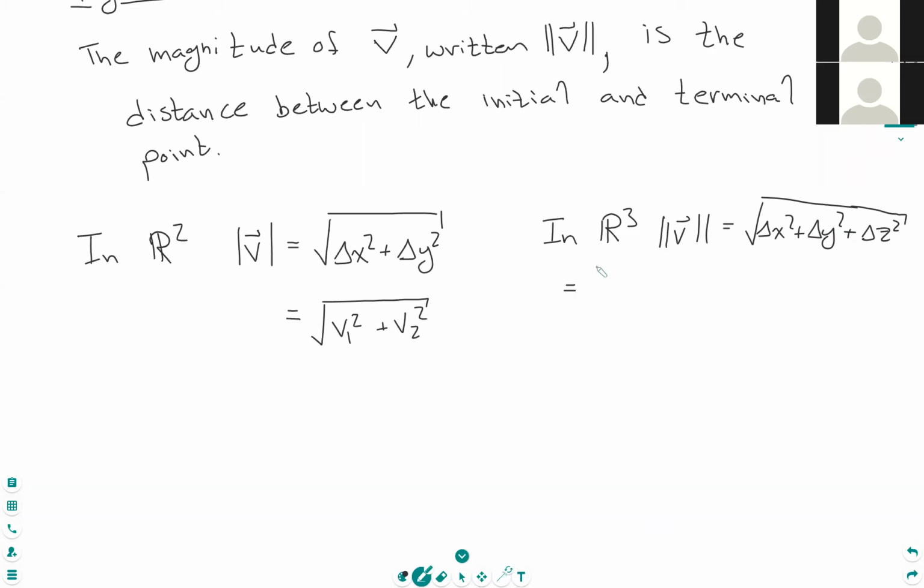And if our vector v has the components v1, v2, v3, then of course we can write this as the square root of v1 squared plus v2 squared plus v3 squared. So basically it's just the distance formula, with the changes in x, y, and z all being the components of our vector.